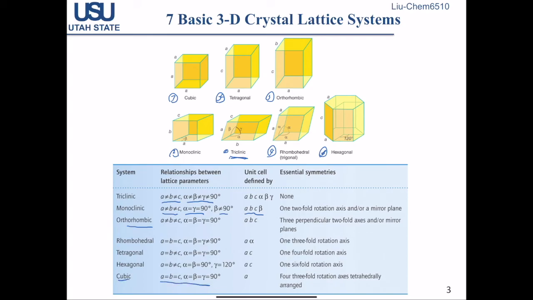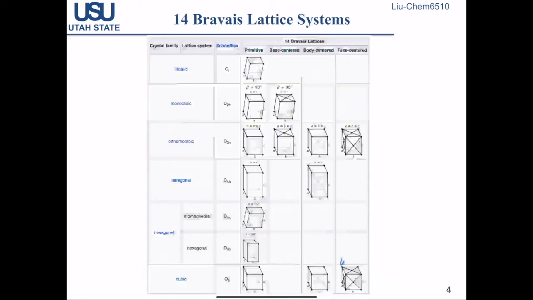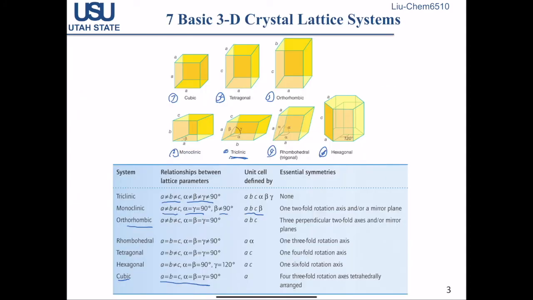Because of the choice of the lattice parameters, as an inherent property, these unit cells have different symmetry properties, right? For example, for the monoclinic, we have a 2-fold rotation axis.